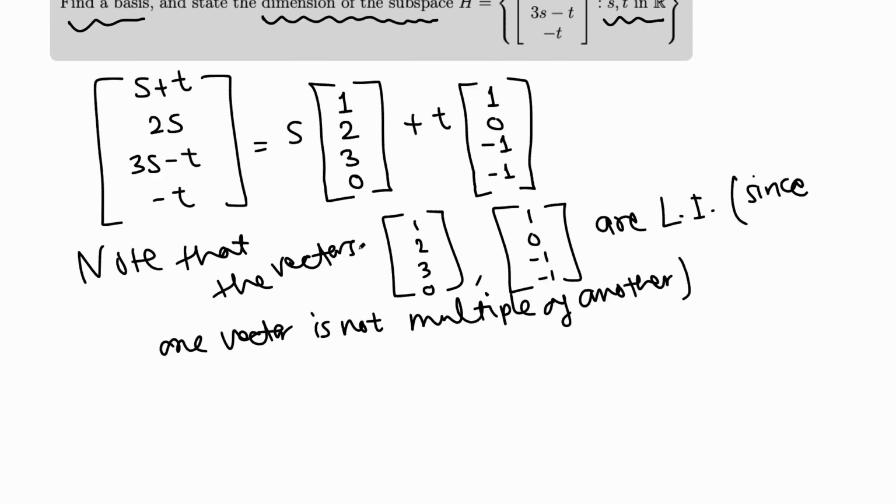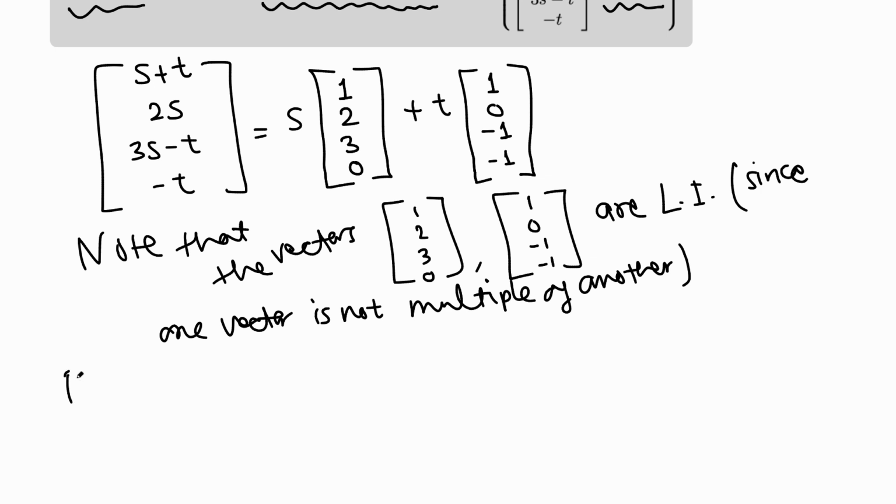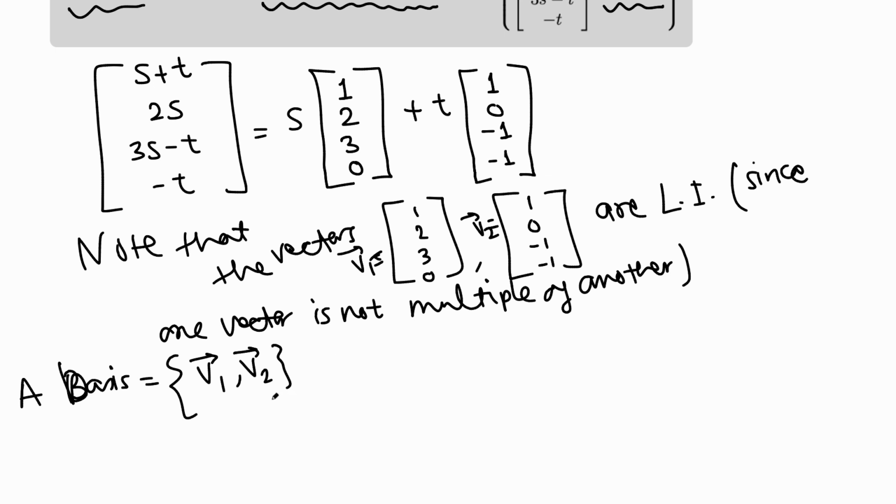So a basis, by the way, is just, I want to call this B1 and I want to call this B2. So I can just write here the basis is just B1 and B2, where B1 and B2 are given here.